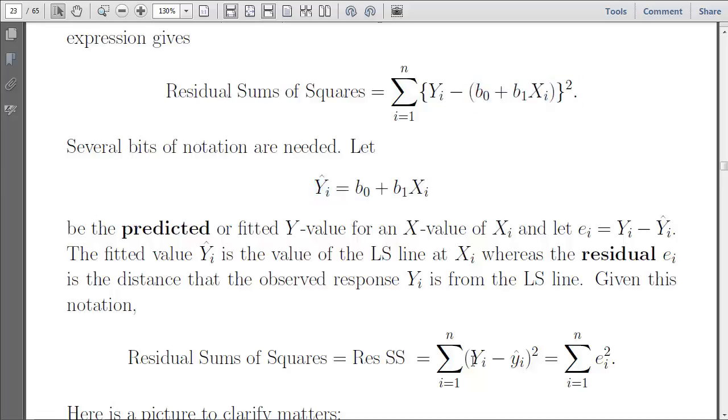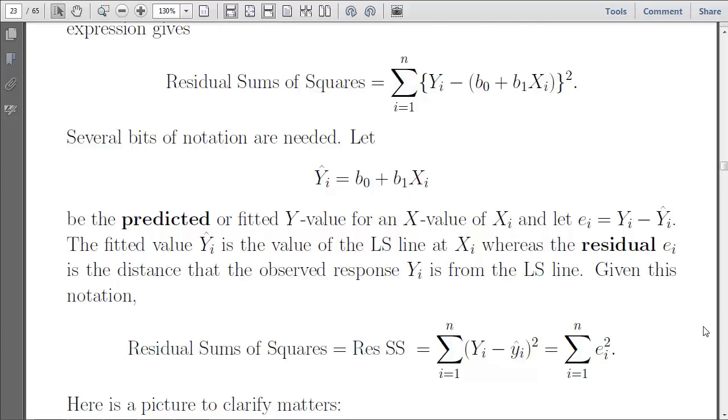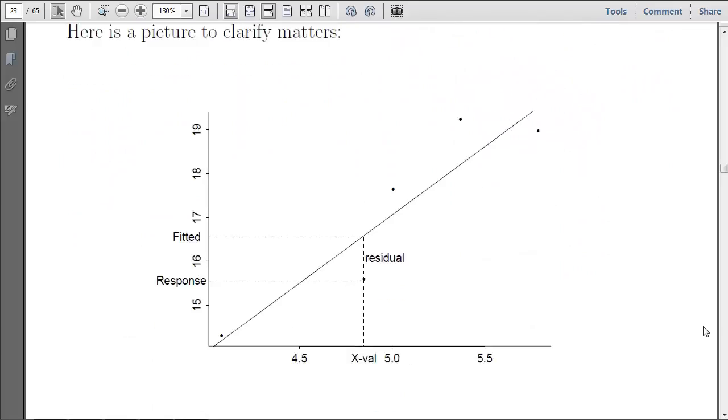So that is y minus y hat. It's that difference between what we observe and the predicted value that we call the error. So that's E. And so we're squaring the errors. So that's the residual sums of squares, or the sum of squared errors. Unfortunately, there's multiple names for lots of these quantities in statistics.